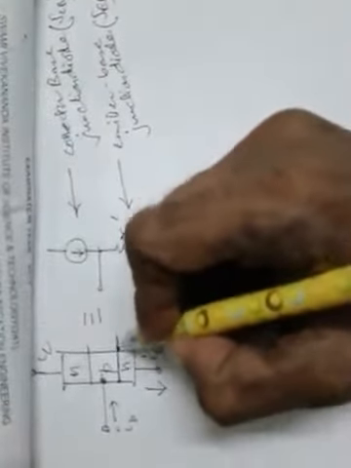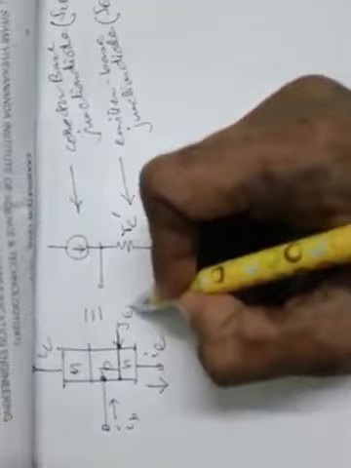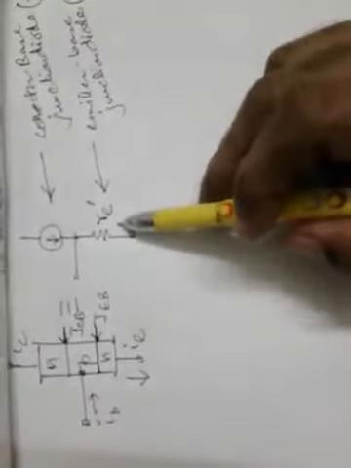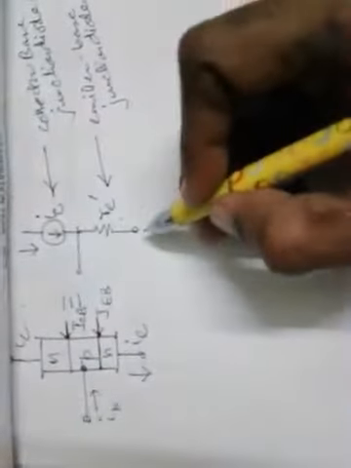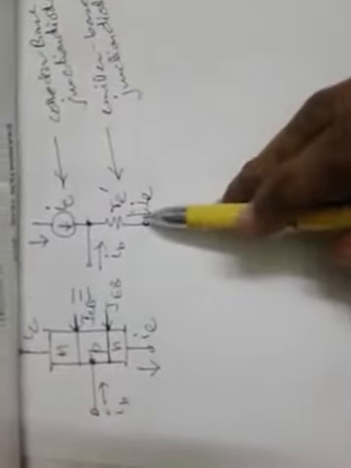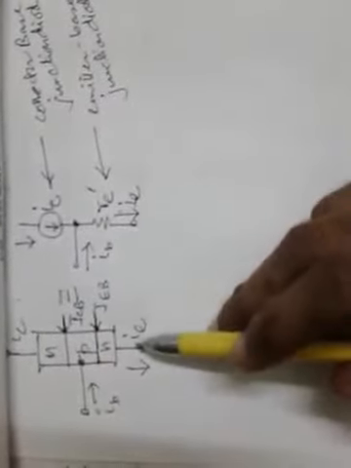These two junctions are represented by an AC emitter resistance and an AC current source respectively. The value of this AC current source is IC, which is flowing downwards, and the emitter current releasing from the transistor node is IE. The incoming current through the base terminal is small ib. So this is the AC equivalent circuit of this BJT.